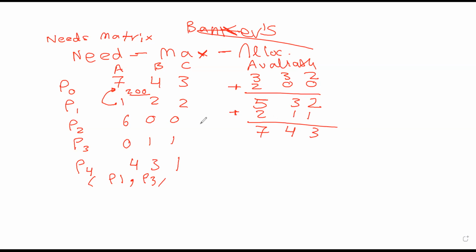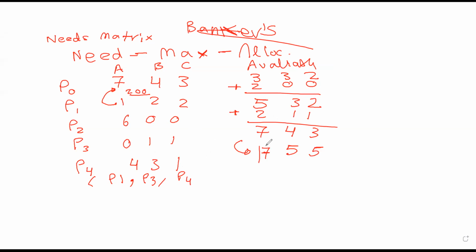Then you move on to process 4. Process 4, can you satisfy my requests? Actually, I can. Process 4 has only 2 allocated, so I get an update of 7, 4, 5.